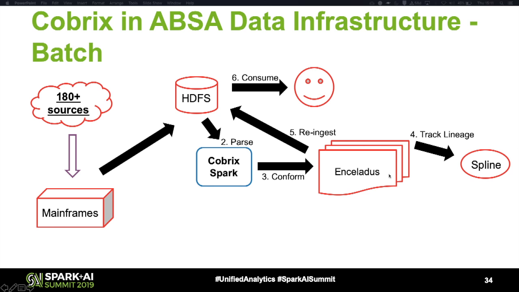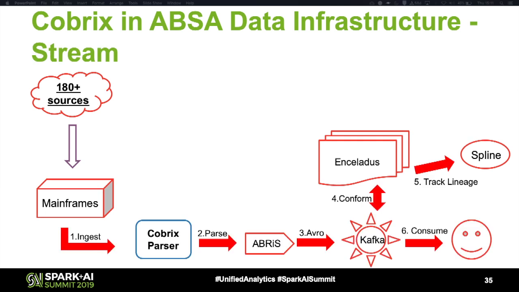So this is the batch world, and this has been around in ABSA for a while, but we're also looking into streaming. It's a similar type of ingestion pipeline, except that instead of HDFS as your storage and distribution medium, we use Kafka. Basically, we would use the streaming capabilities in some of the mainframe systems that we have, like MQ.